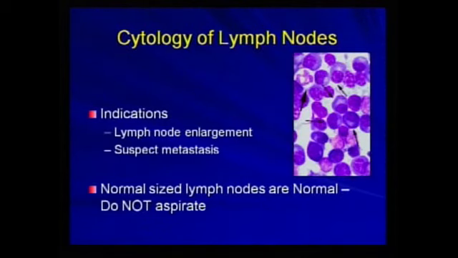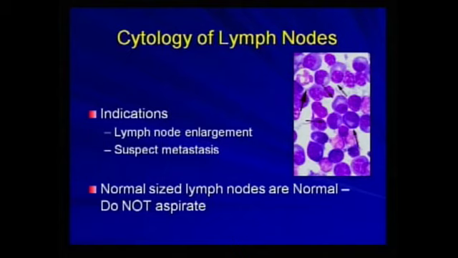I want to take a little bit of time to talk about lymph node cytology, because after skin tumors, lymph nodes are the second most common submission, at least in our practice, and probably in most pathology practices.